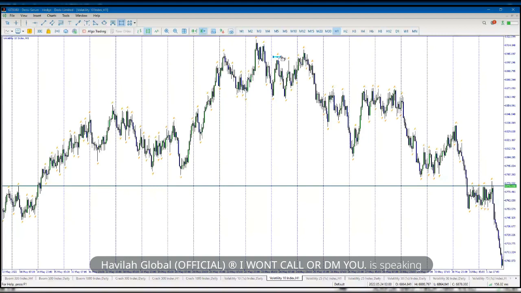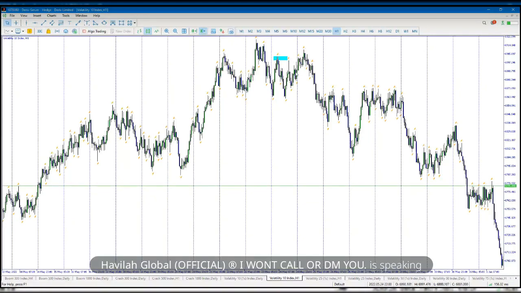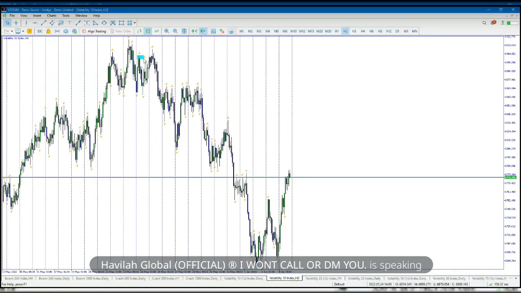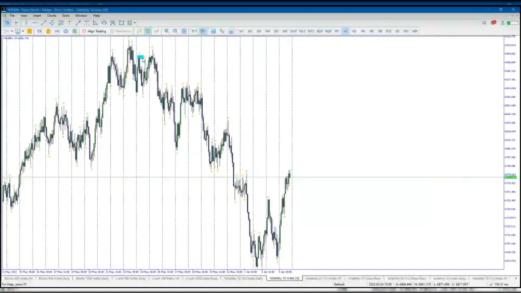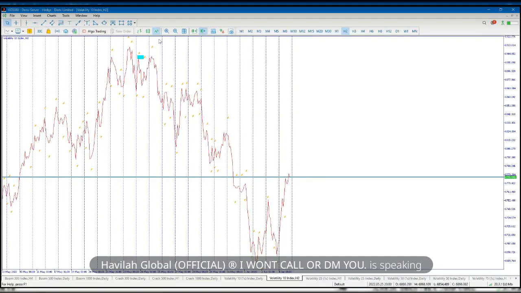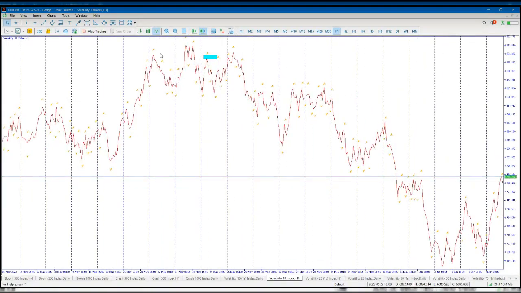Why did this happen here? Can anyone tell me why it happened? Oh, I see. There's liquidity there.